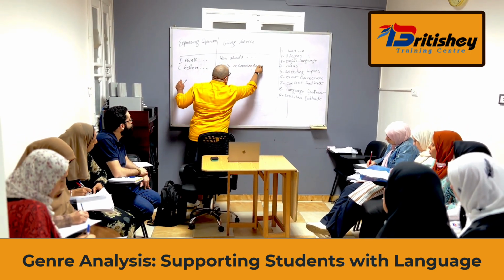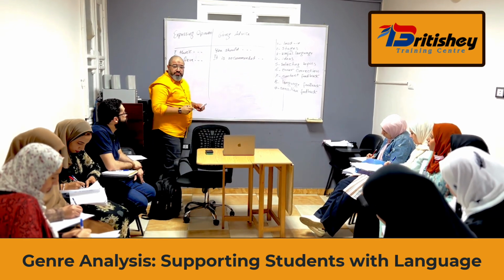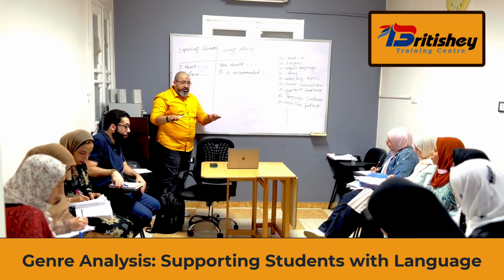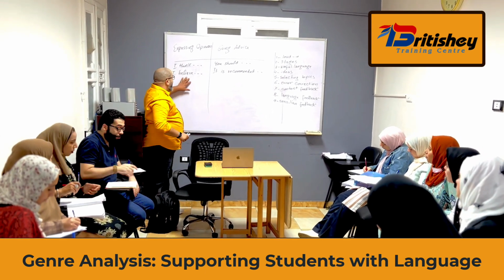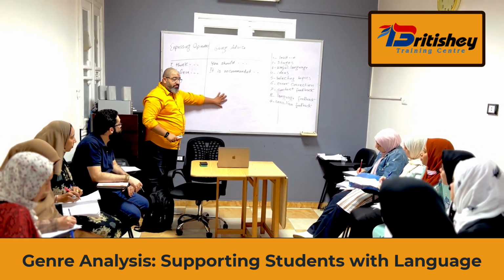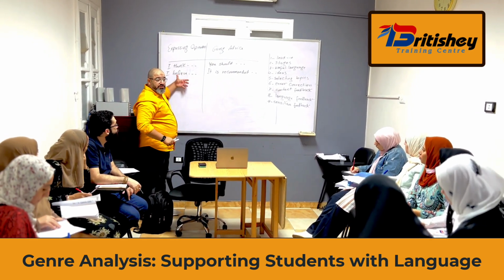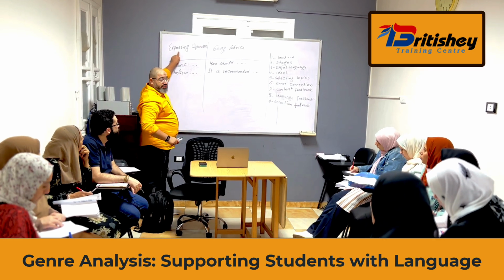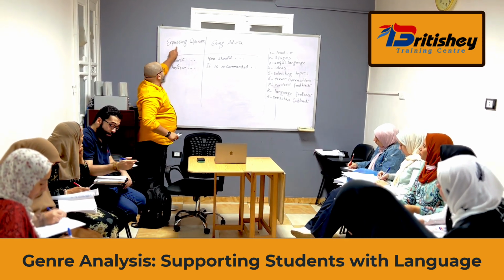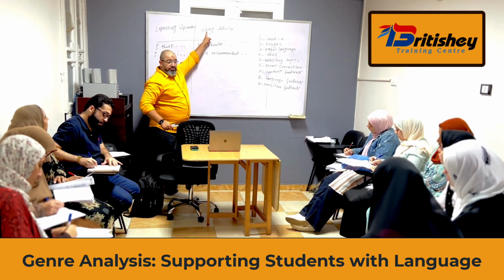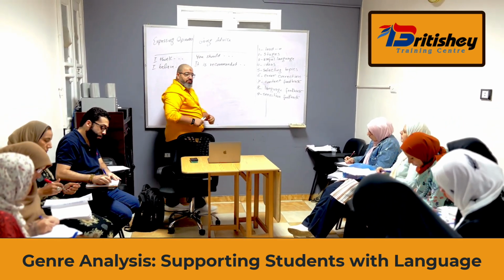Now, what I want you to do, my friends, I want you to draw this chart on an empty sheet of paper, and I want you to add to each column at least 4 more expressions. 4 expressions, or phrases to express opinions, and 4 more phrases to give advice. Go on right now. So, how many will you add in each column? 4. Thank you so much.